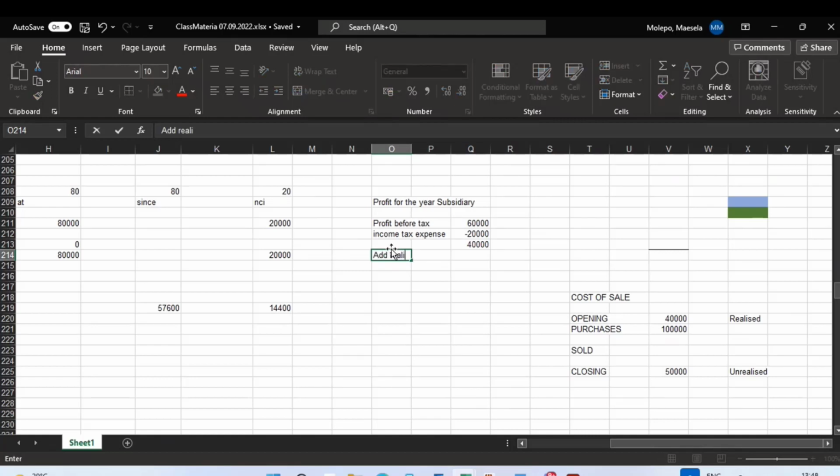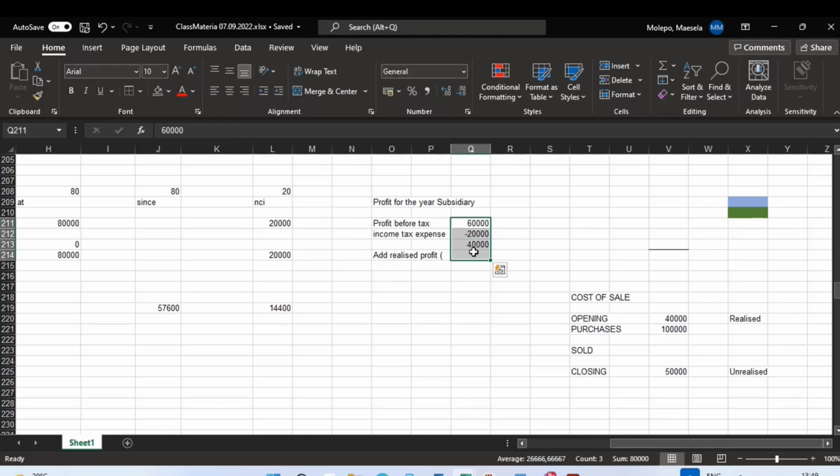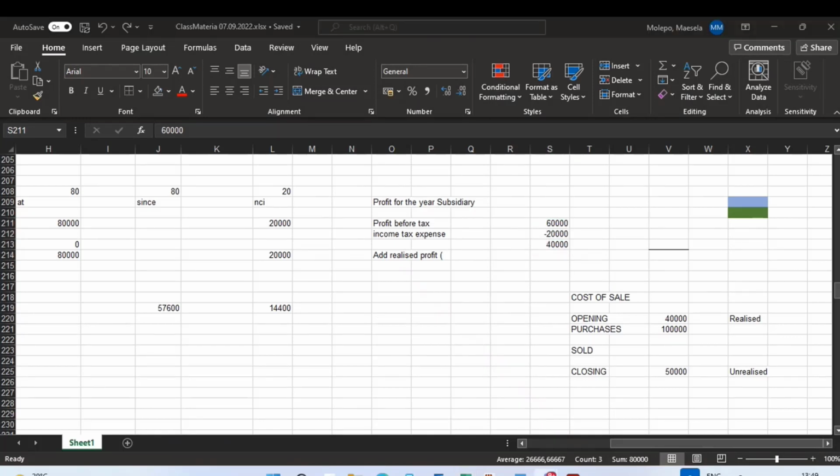realized profit, which came as a result of which one? Which amount do I use here for realized profit? Am I still audible?